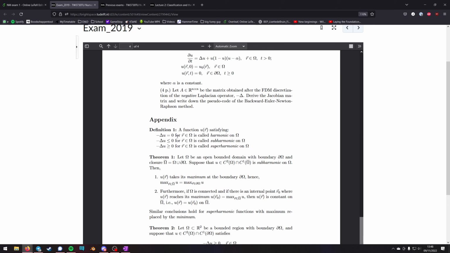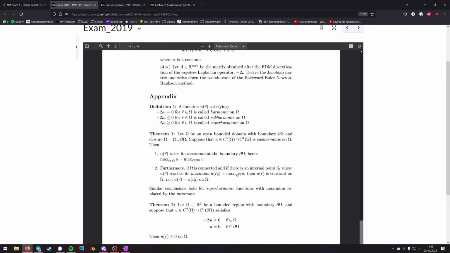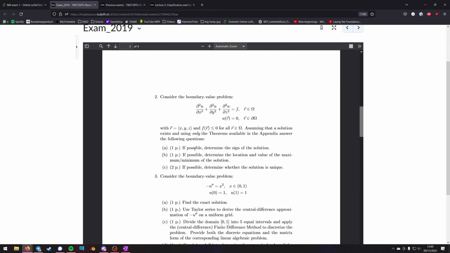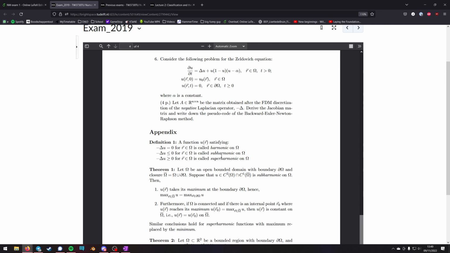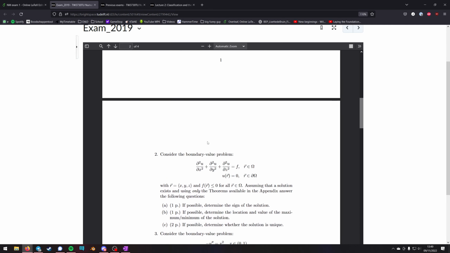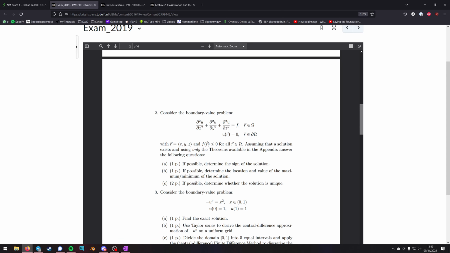The sign of the solution is... okay, so first of all, let's see if it is superharmonic, subharmonic, etc. So, u is 0 on the boundary, and everywhere else it is the divergence.